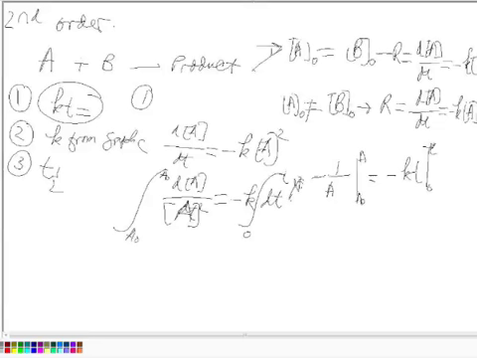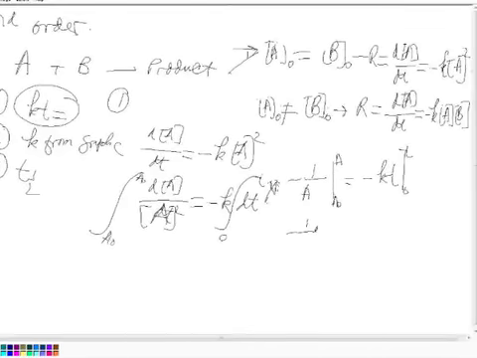From that we can get here that 1 per A minus 1 per A0 is equal to K t. It is right, isn't it?